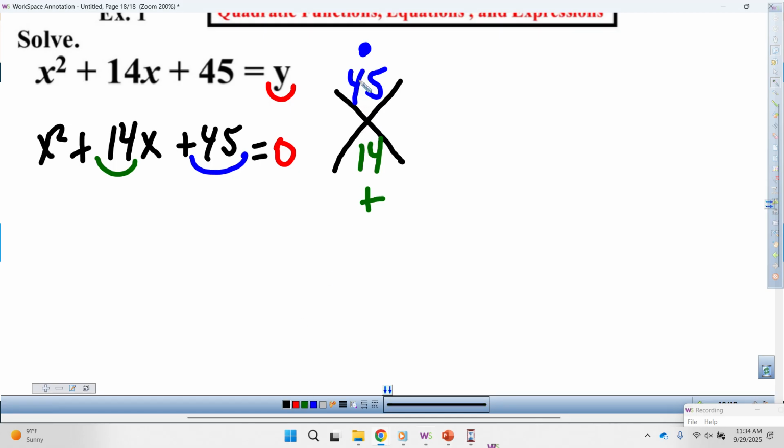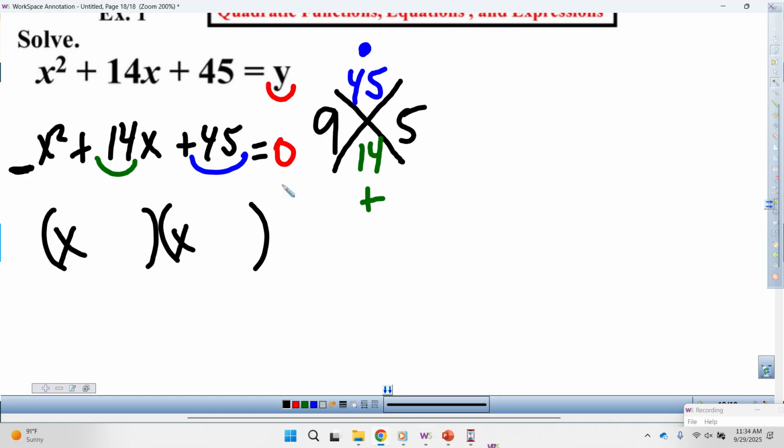Tell your neighbor. 9 and 5. Now, look at the x squared. Does this have a number in the front? No, so that means we can just break up the x squared as x times x, bring down the plus 9, and bring down the plus 5. And all that equal to 0.